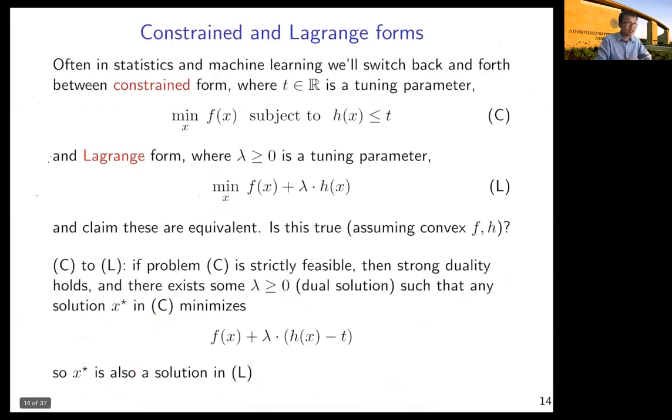The next thing I want to talk about is the constrained and Lagrange forms of optimization problems. We often see this when we deal with regularized or penalized optimization problems, in particular for lasso that we've seen many times.